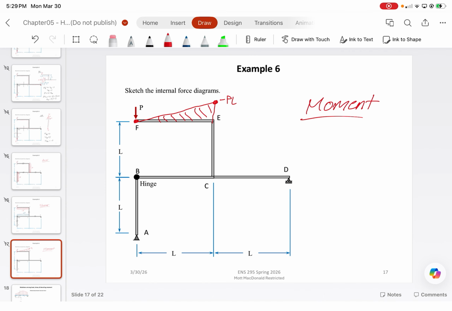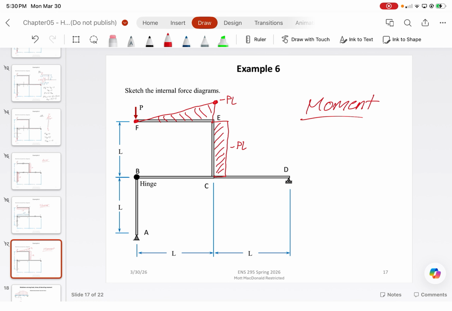All right. This was M equal to negative P times X for 0 less than or equal to X less than or equal to L. And then for bending moment BC, P times (x minus L).